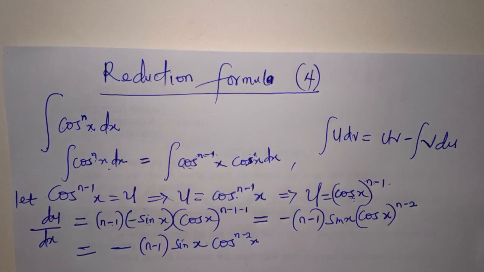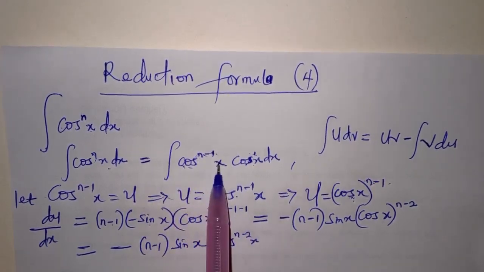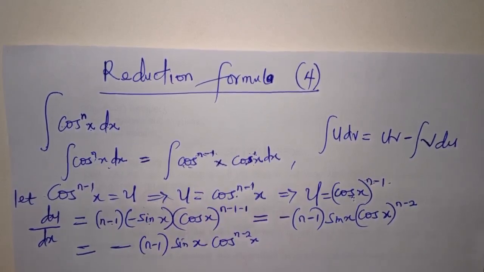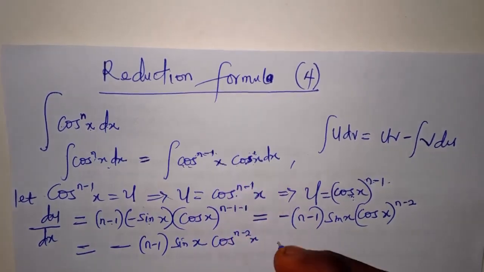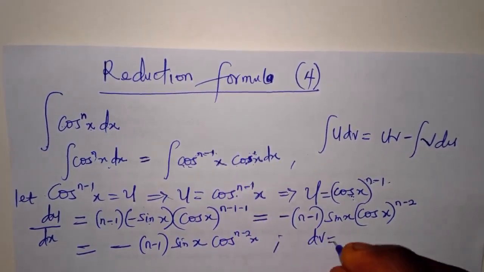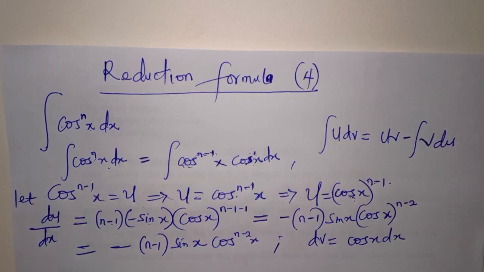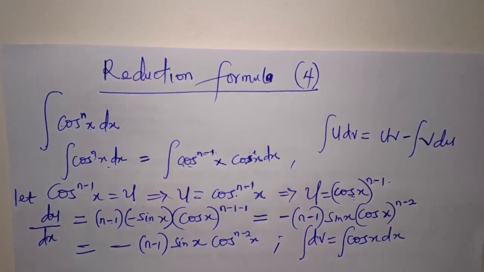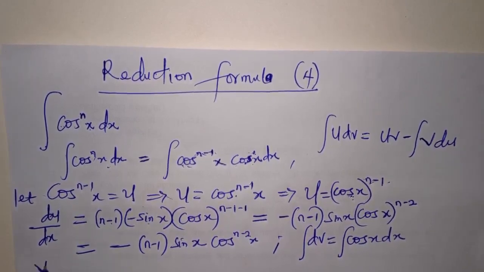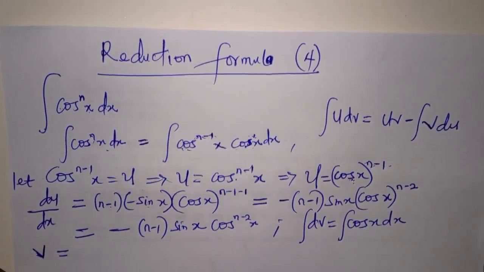So we have chosen u as cos^(n-1) x. Then the other one will be chosen as v, which is this cos x dx. So dv is cos x dx, and to get v, we integrate both sides. The integral of dv is v, and the integral of the cosine function is the sine function, right?